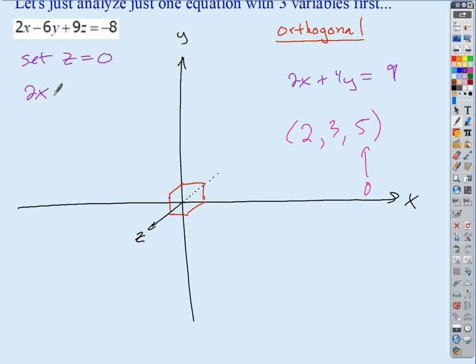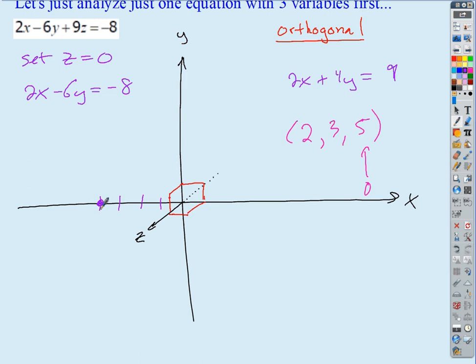Well, I just get the line 2x minus 6y equals -8, right? And we can graph that. Let's find 2 points and connect and extend. If I set, for example, y equal to 0, what's x? -4. Okay, so there's 1 point.